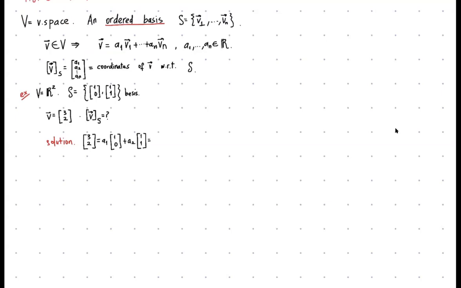This gives us a1 plus a2 in the first line, and the second line gives a2. So a2 must be 2, and if a2 is 2, a1 must be 1, right? So the coordinates of the vector V with respect to this ordered basis are a1 and a2.